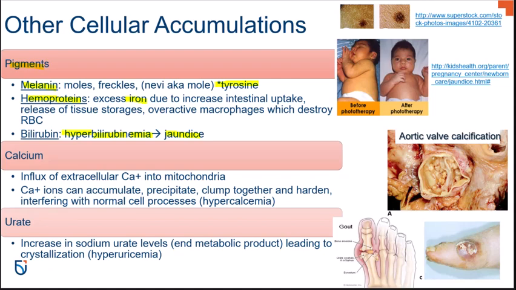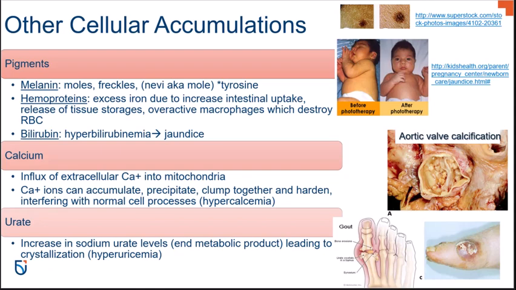Hypercalcemia, an increase in the amount of calcium in the blood that's above normal, can occur in many different diseases and conditions, and an example is aortic valve calcification, which is shown here in this slide. Here you can see some of the calcifications occurring at the level of the aortic valve.